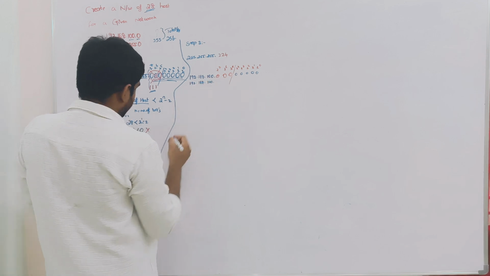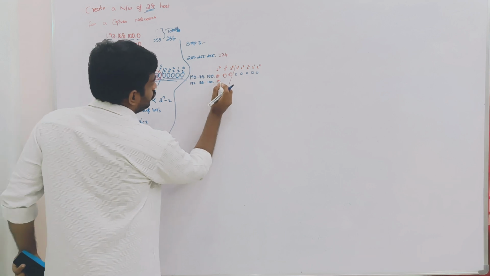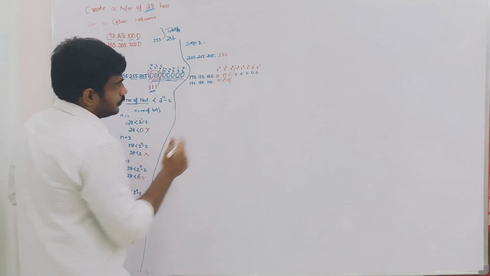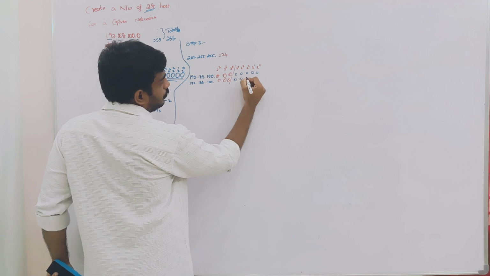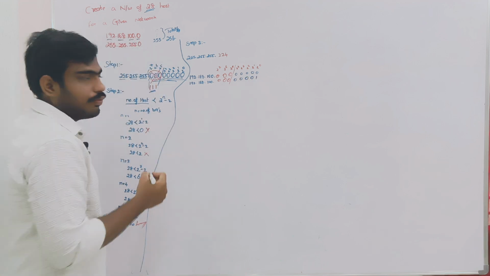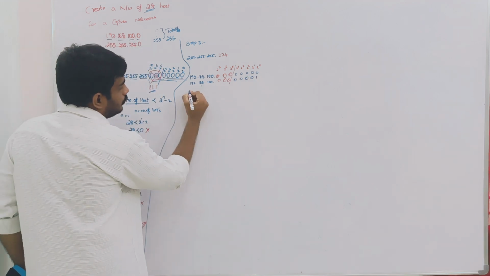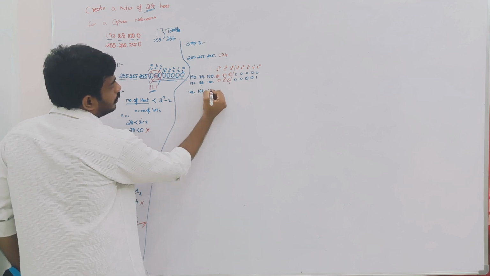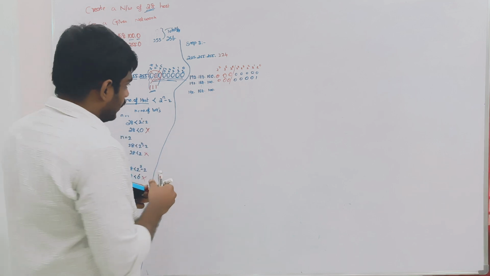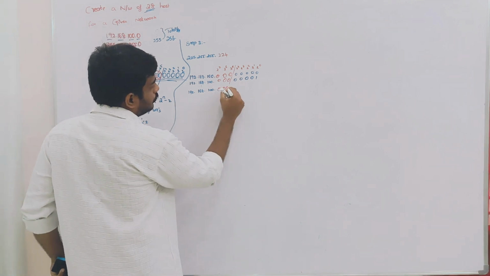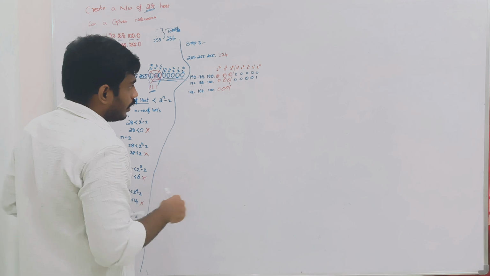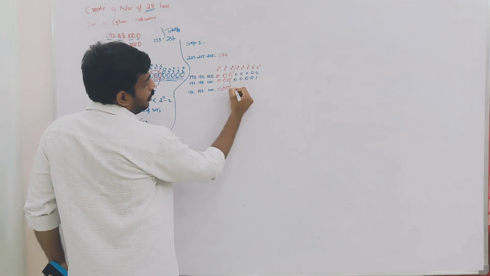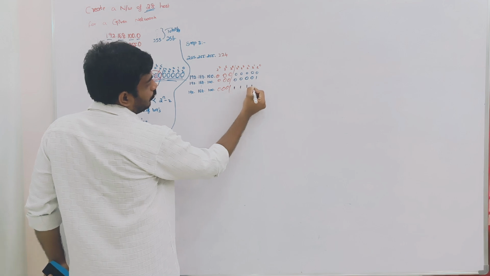192.168.100 dot, you keep the network portion as it is, 0 0 0, and our first IP will be 0 0 0 1. What will be the last IP? Now the last IP will be 192.168.100 dot, you again make it 0 0 0, and it ends with, as I mentioned, 1 1 1 1 0.